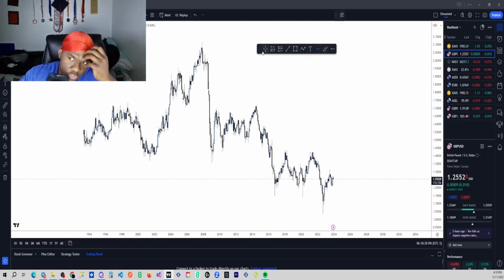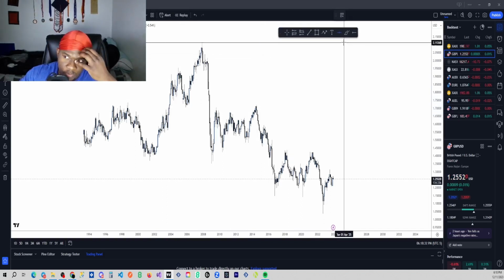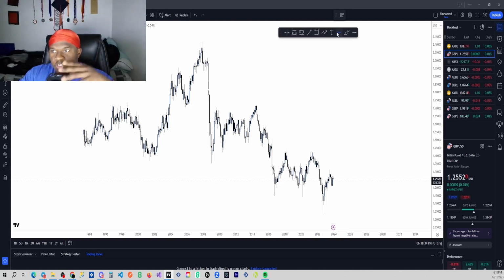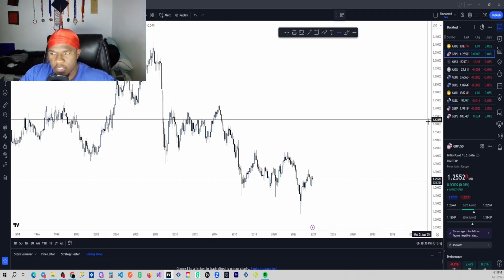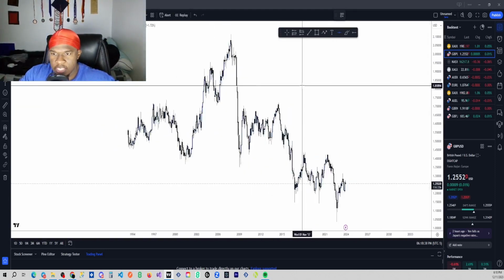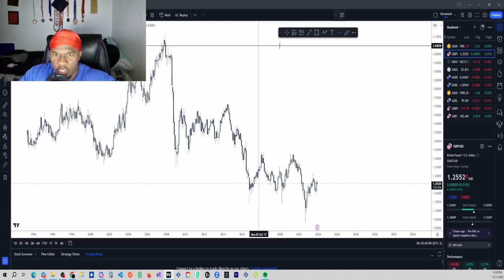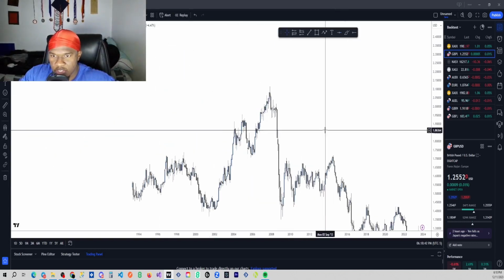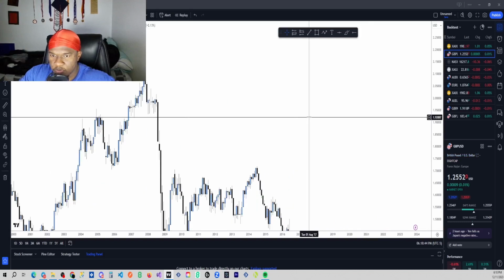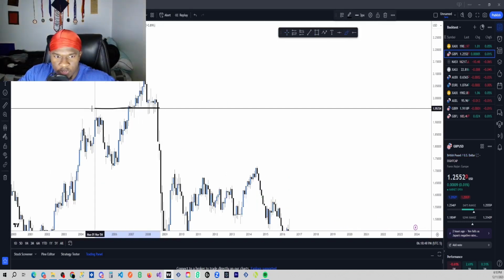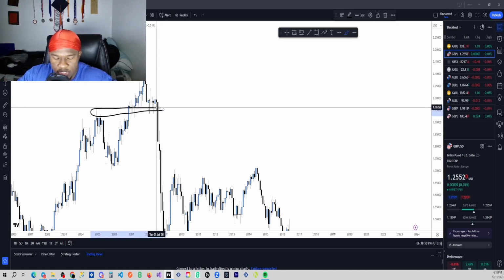So I like to use the horizontal line a lot when it comes to plotting out my key areas of support and resistance. Now you can see that right off the bat up here we have something going on. You can see that there are wicks to the upside and wicks to the downside.